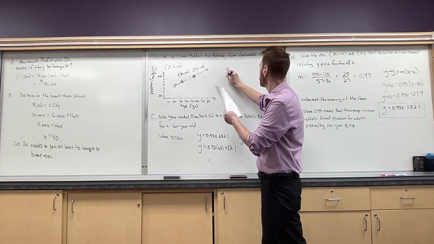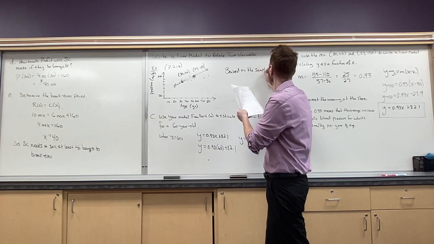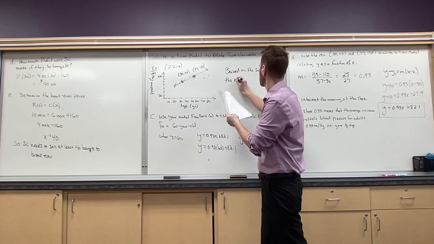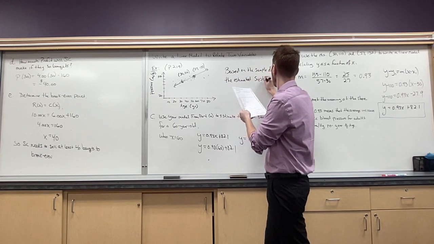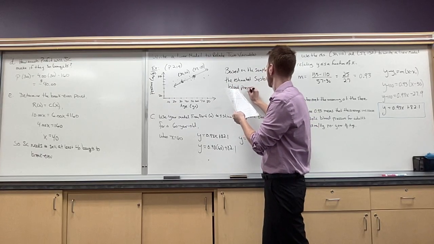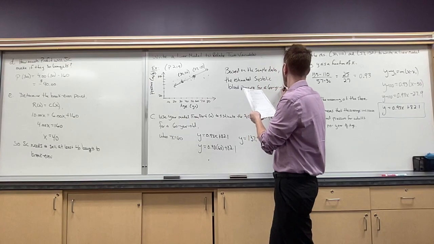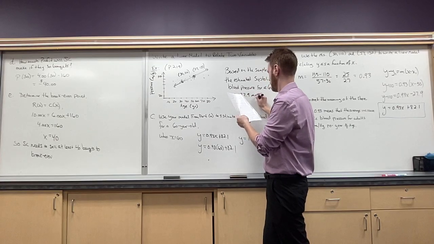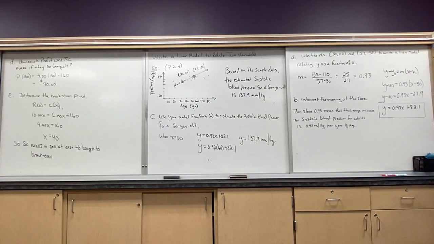So what this says is that based on the sample data, the estimated blood pressure for a 60-year-old is 137.9. Okay, so that's what we just projected there.